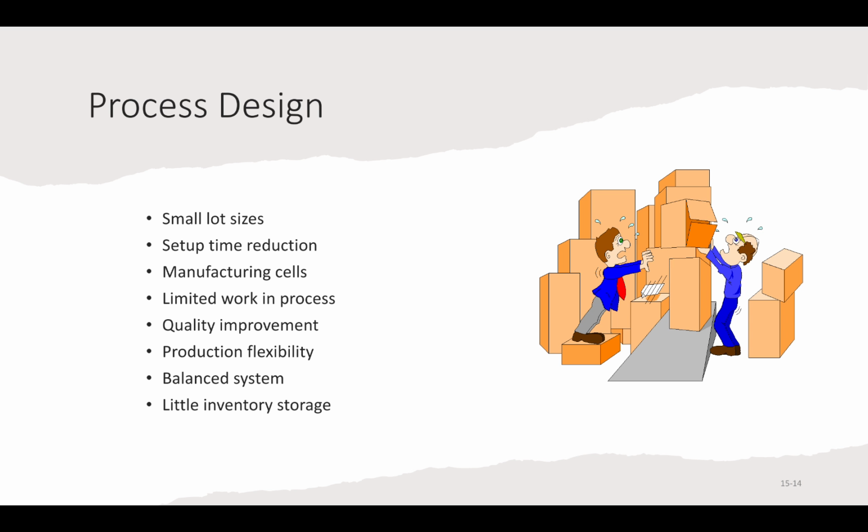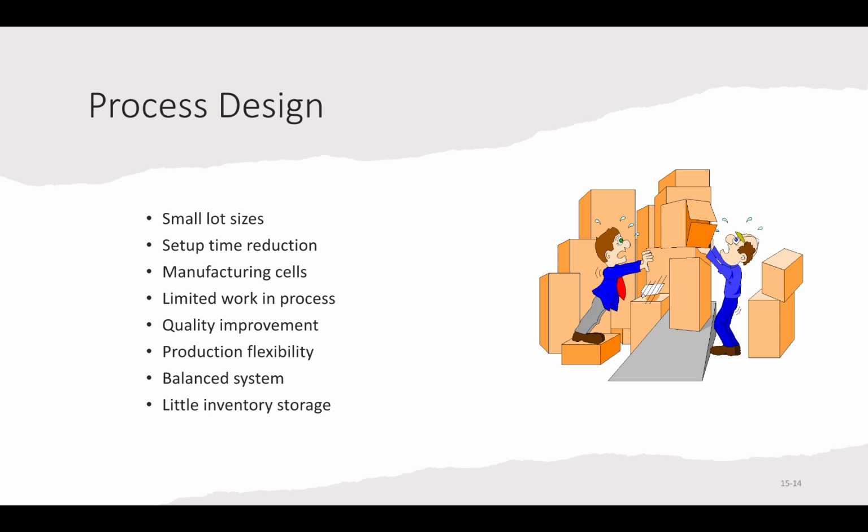For example, we can reduce the downtime due to changeovers. By reducing the changeover time, we can use preventive maintenance on the equipment, which can help reduce breakdowns and downtime. So there are many ways we can maintain production flexibility.